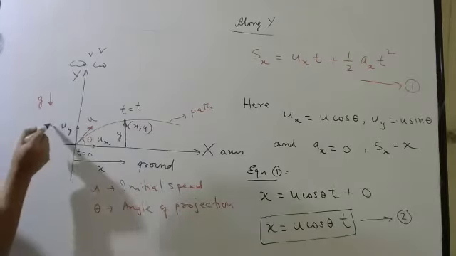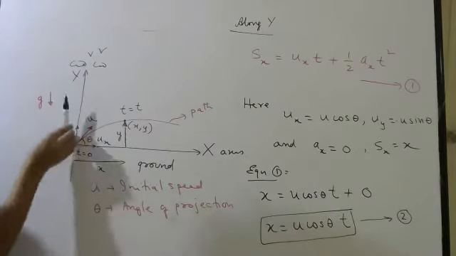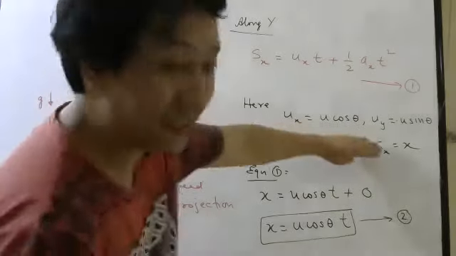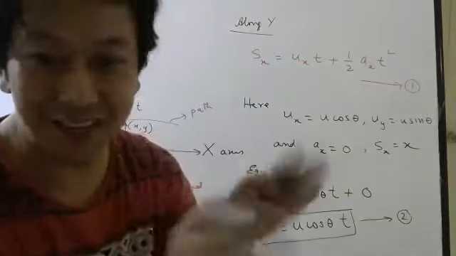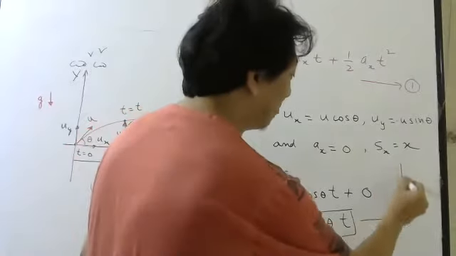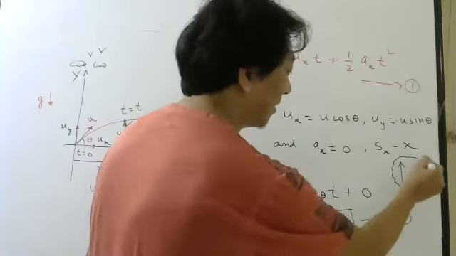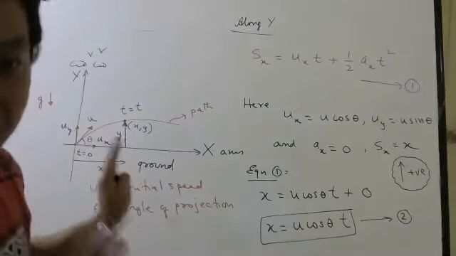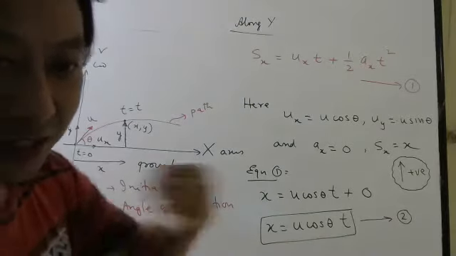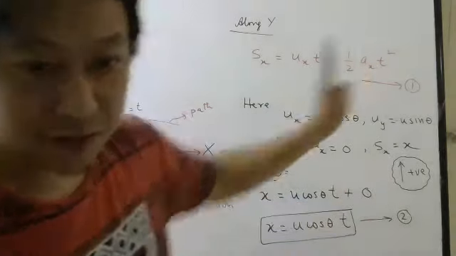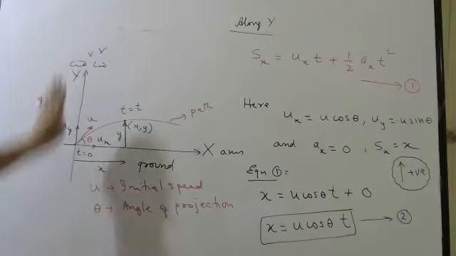This is your u sin theta, upward. So while writing this I have already made the assumption that upward is positive. Okay, students, in this derivation at least, because in NCERT you have to match the derivation, try to take upward as positive along the y-axis.